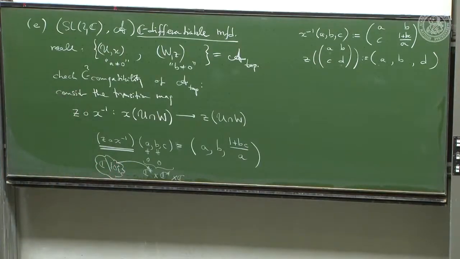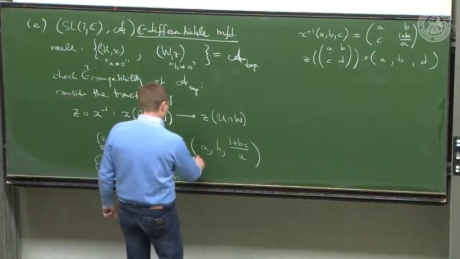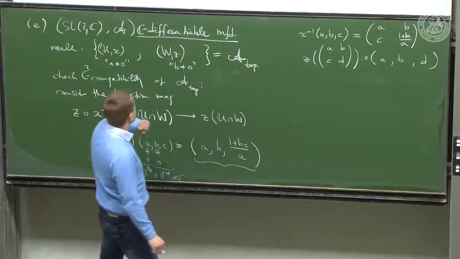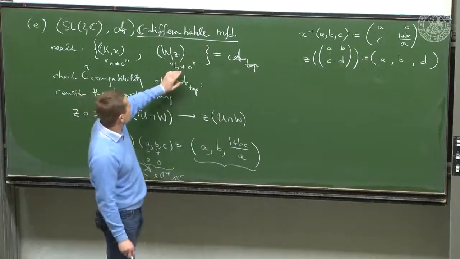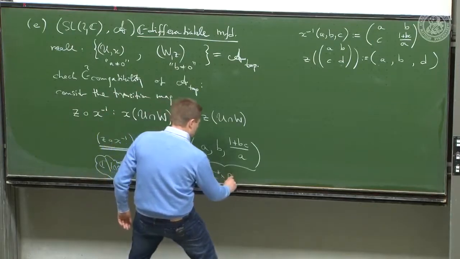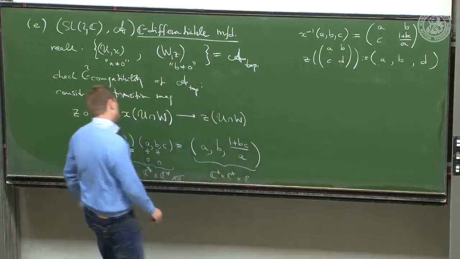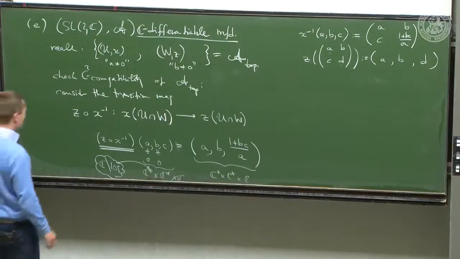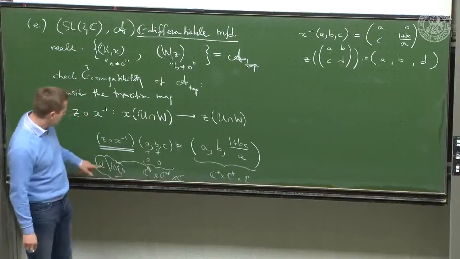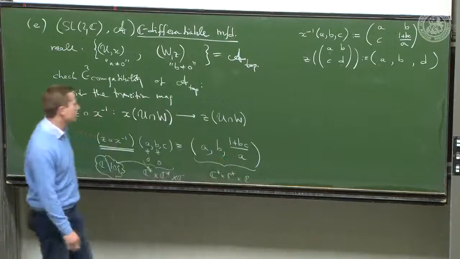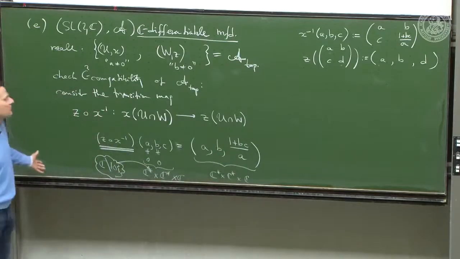This is the chart domain of Z, and it's the same domain: C star, C star, C. So we have to check whether this map, as a map from C3 to C3 on this domain, is differentiable.